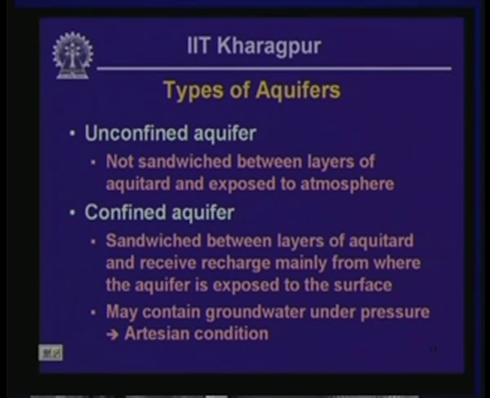Then the second type of aquifer that we consider here is the confined aquifer. A confined aquifer is essentially a water bearing layer which conducts groundwater relatively easily, and this aquifer is sandwiched in between layers of aquitard.